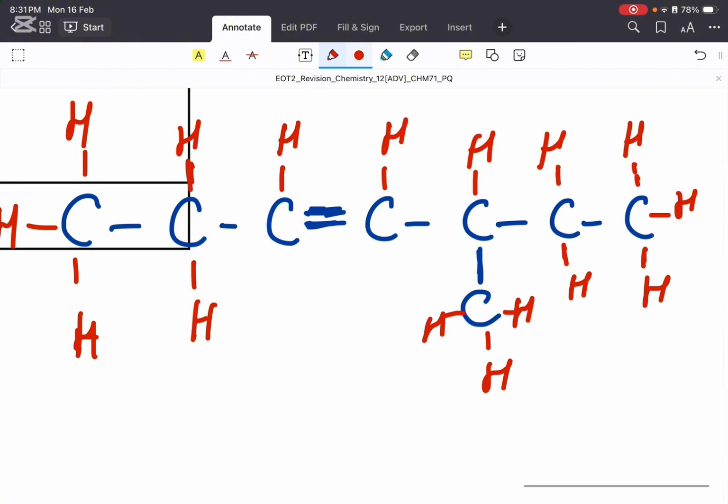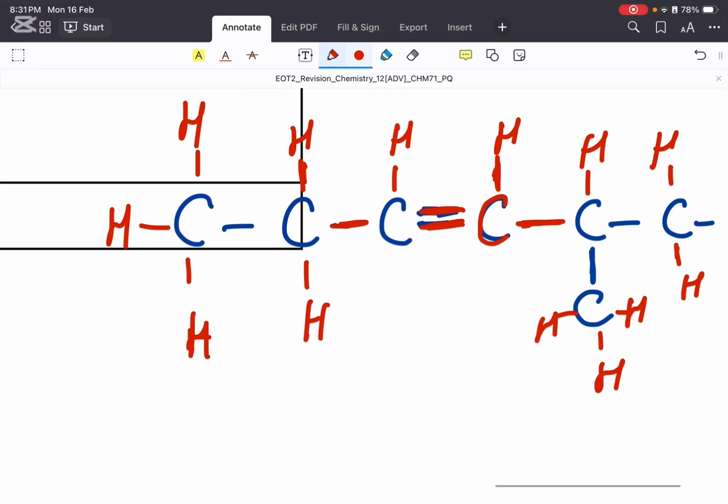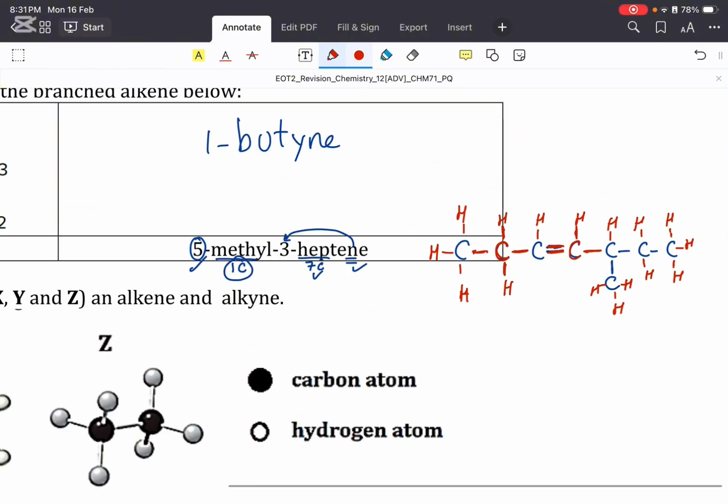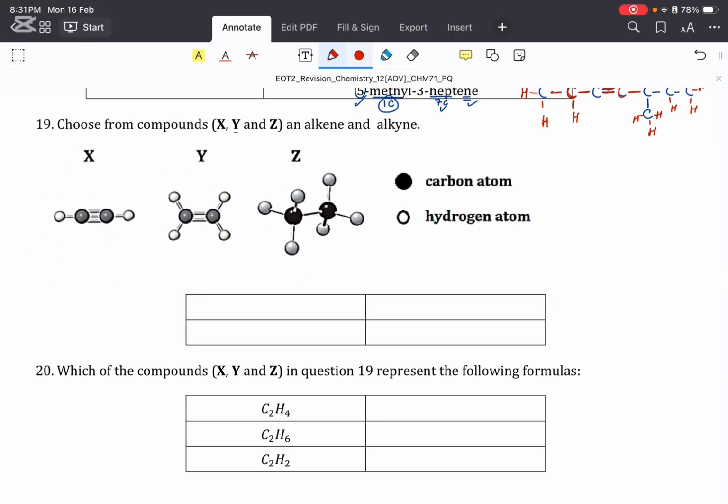Here, every carbon is able to have 4 bonds. So 1, 2, 3, and that's the fourth, so only 1 hydrogen it will get. Same thing here. But for this carbon, 1, 2, it's going to get 2 hydrogens, and so on. So carbon needs to have 4 lines around it.